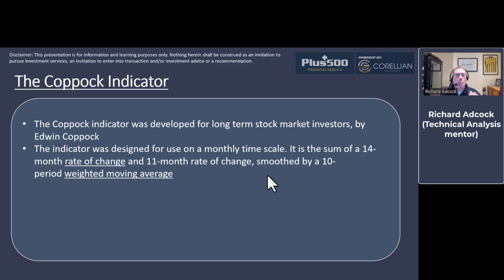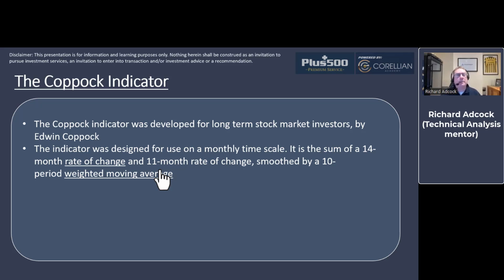Now, the reason why Coppock arrived at these periods is that he was speaking to his local priest and asked what was the typical time period for anybody to get over a bereavement. And his priest said between 11 to 14 months.